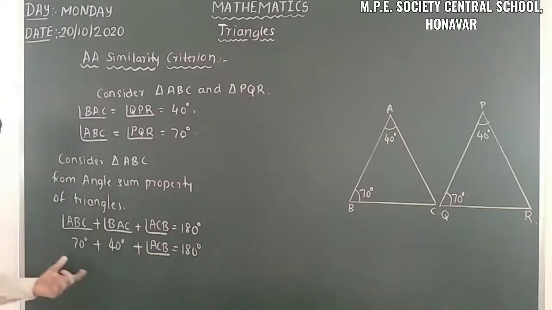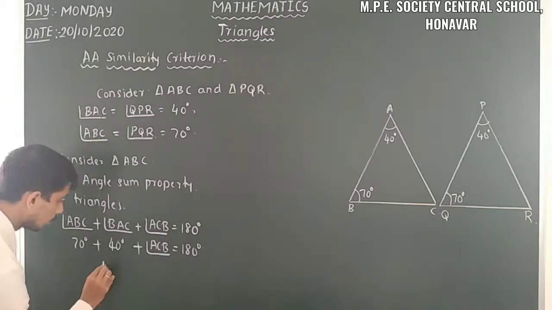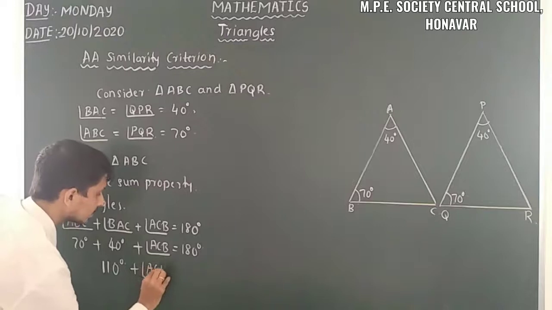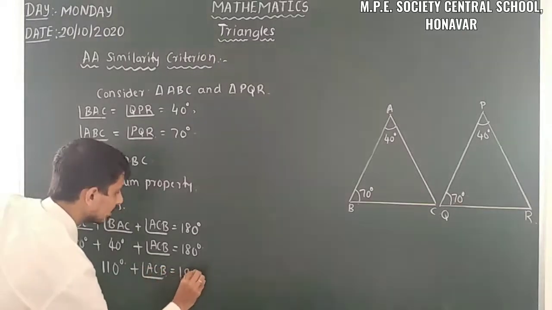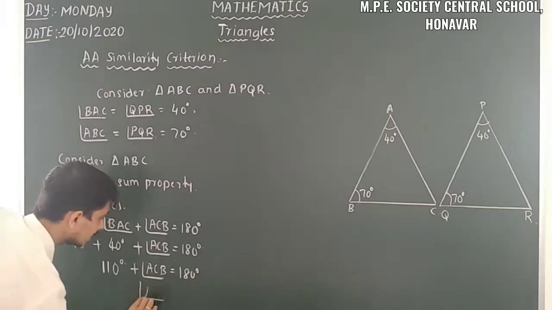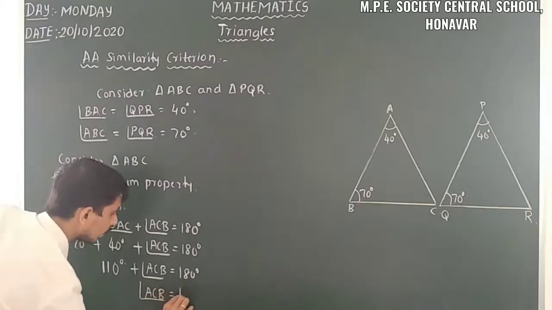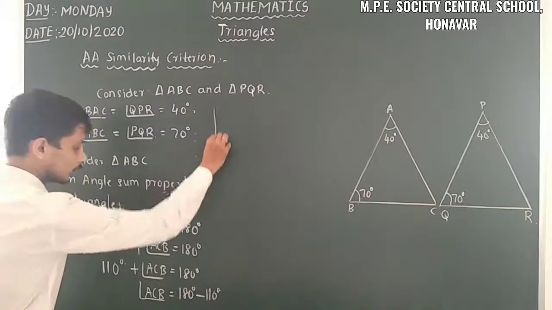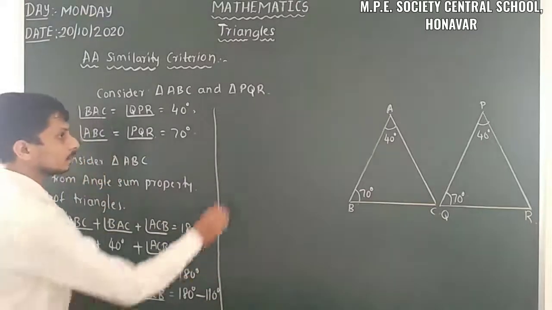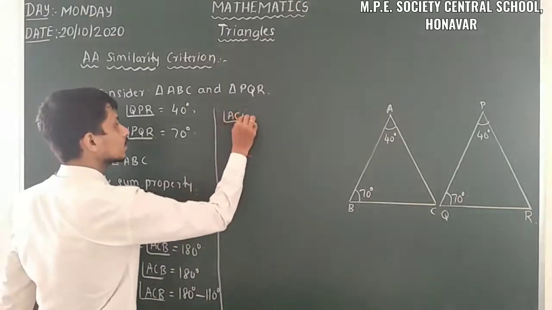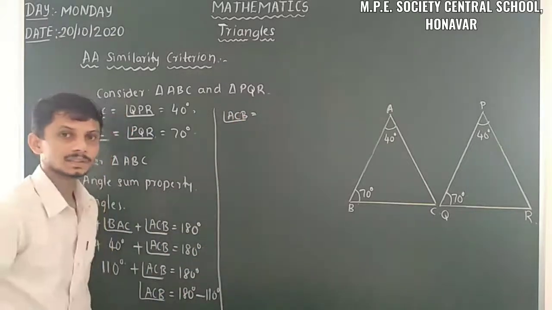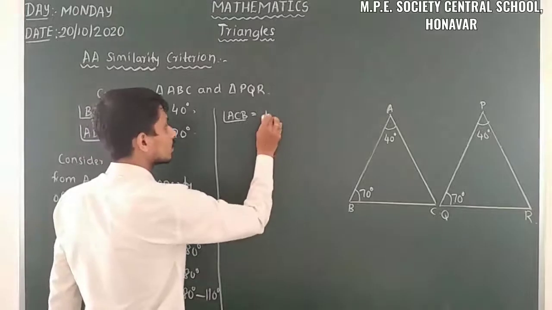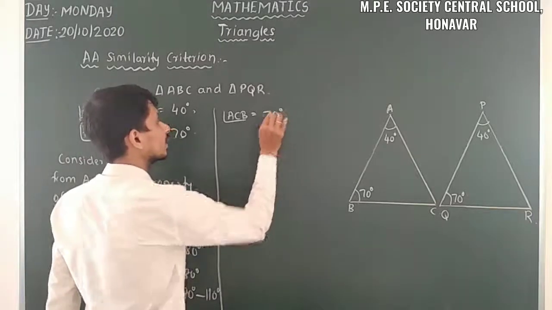Here 70 plus 40 is equal to 110 degrees plus angle ACB is equal to 180 degrees. So angle ACB is equal to 180 degrees minus 110 degrees, that is 70 degrees.